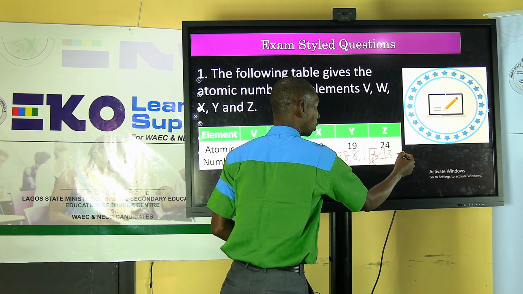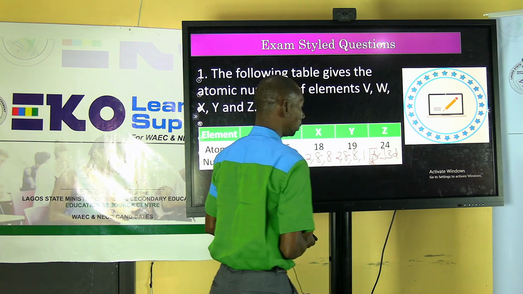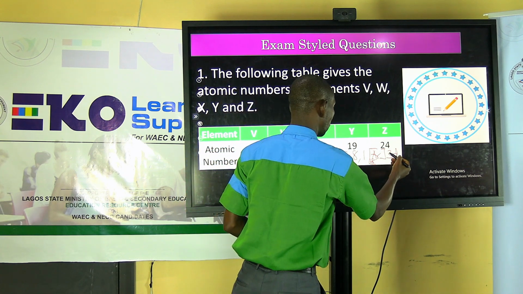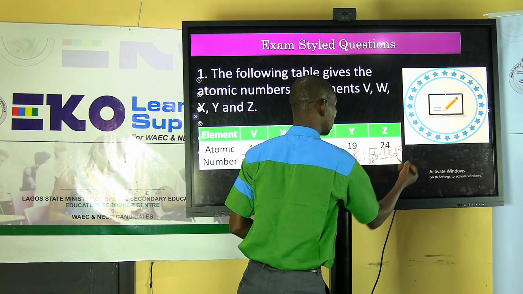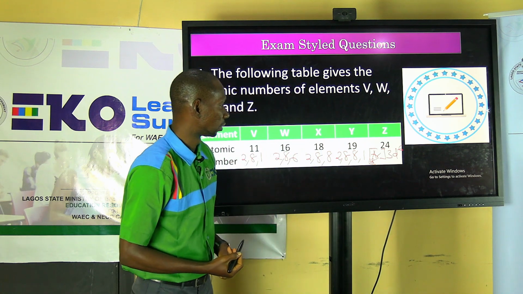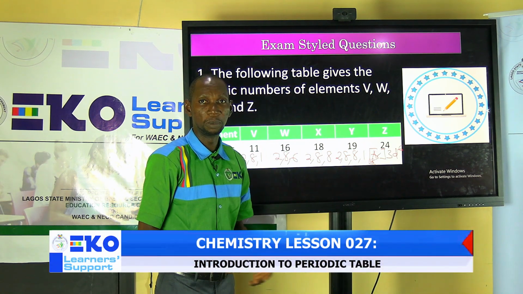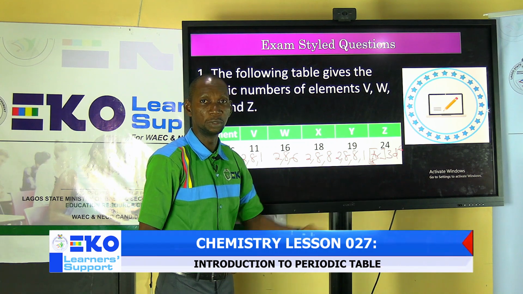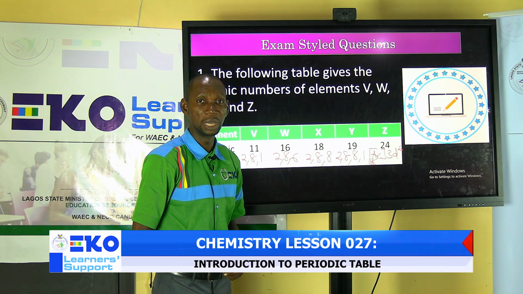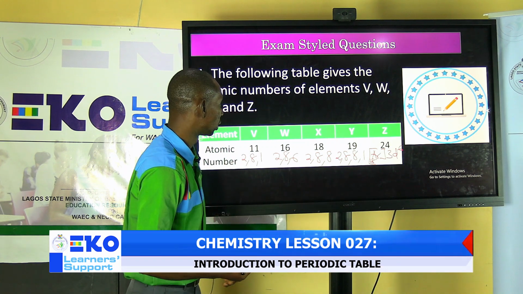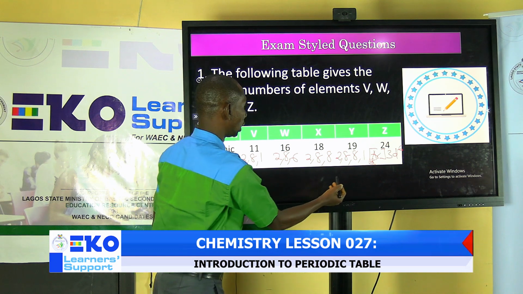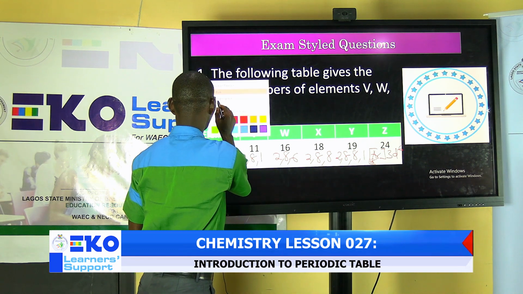And the next configuration is going to be 3d. Okay, that will be what? 3d6. Never mind that. You're going to learn more about how to do that when you learn about the transition metals. So this is what we are going to use in order to answer the question.